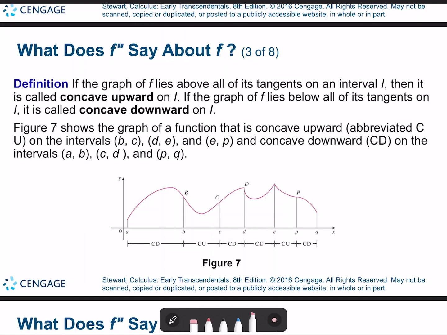So, the definition, finally a definition: if the graph of your function lies above all of its tangents on an interval, then it's concave up, or upward. And if your function lies below all of its tangents on an interval, then it's called concave downward.